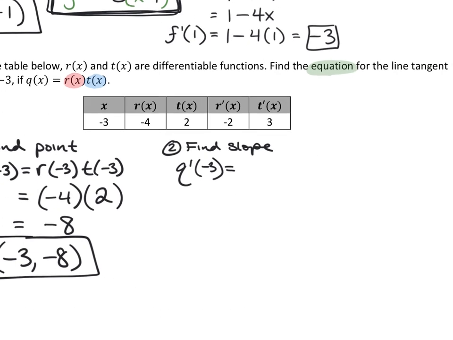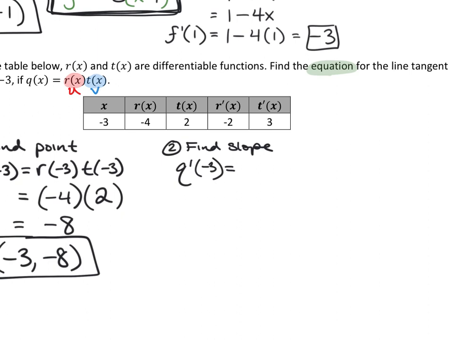So what would I write first? Let's see if we got it. Our formula is v u prime plus u v prime. Remember, the first function is u, the second function is v.